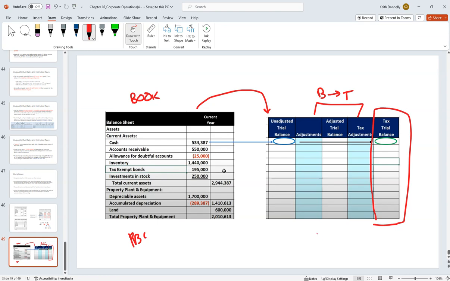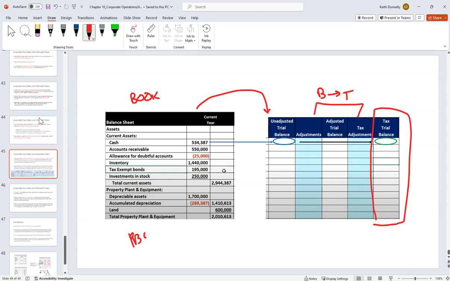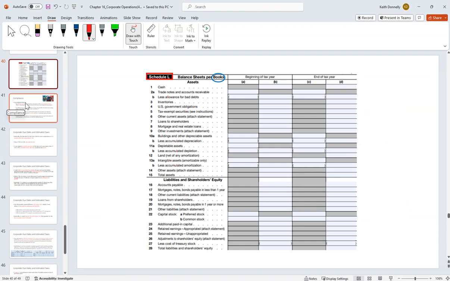So the idea with this is when we're looking at the Schedule L, we're looking at that book, that prepared by client. And essentially, this is showing prior year and current year. It's beginning of year, but like last year's ending is this year's beginning. You really don't have to worry about this column in practice because that's going to roll forward from the software.